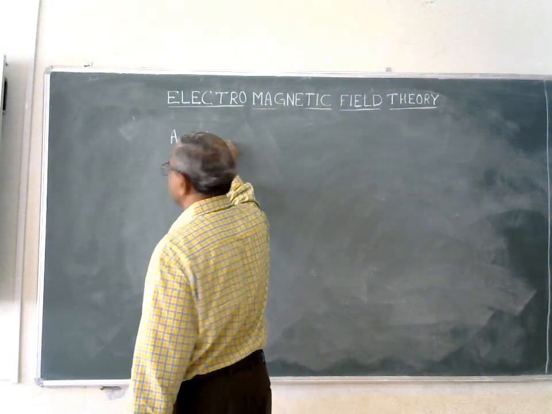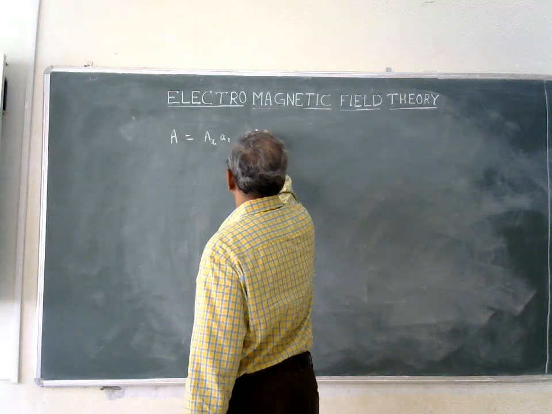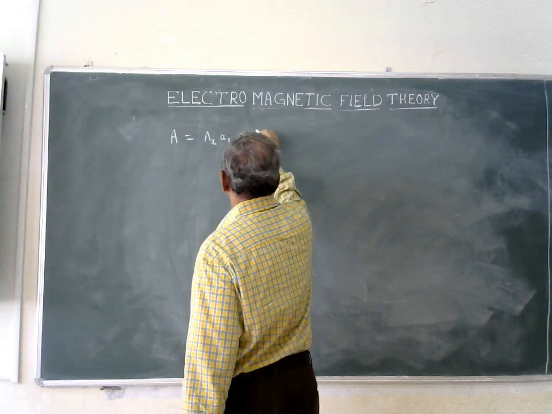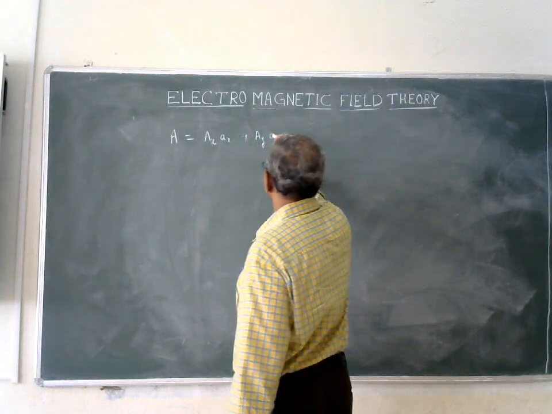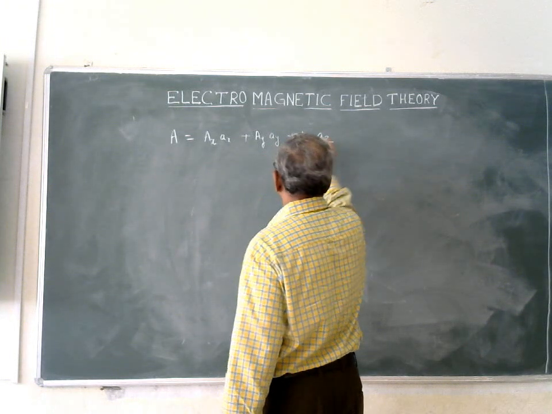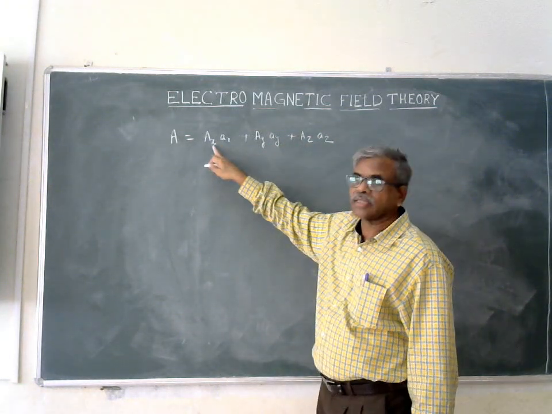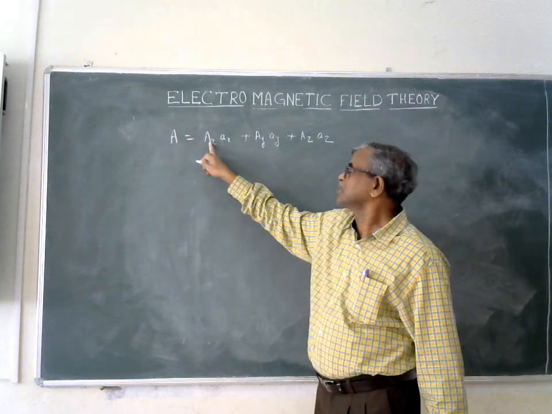Ax is one component, Ay is another component, Az is another component. Ax is the component of vector A along x-axis.